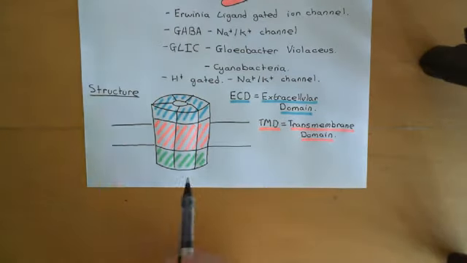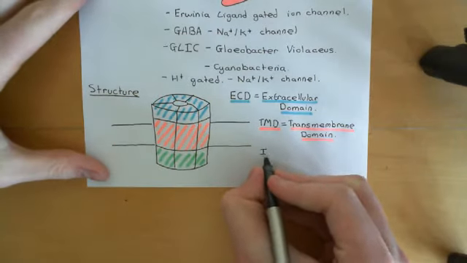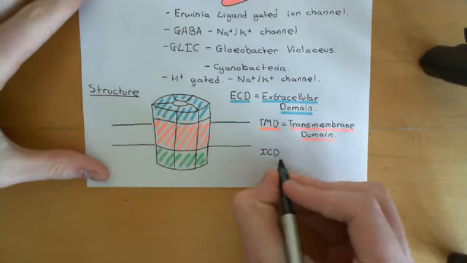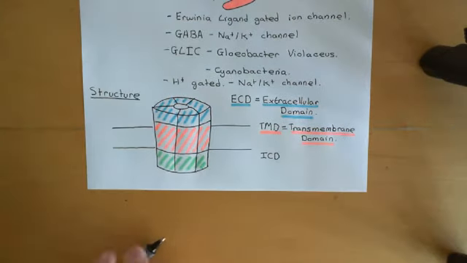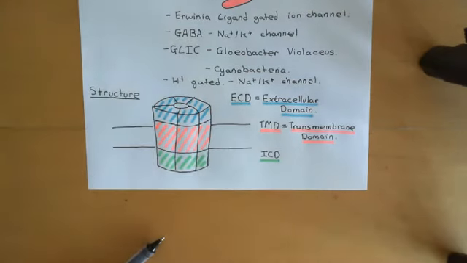So this will be here in the nicotinic acetylcholine receptors, the GABA A receptors, the glycine receptors, and the 5-HT3 receptors, but not in GluCl, ELIC, and GLIC. This final domain down here is what's called the ICD for intracellular domain. I'll just underline that in green.